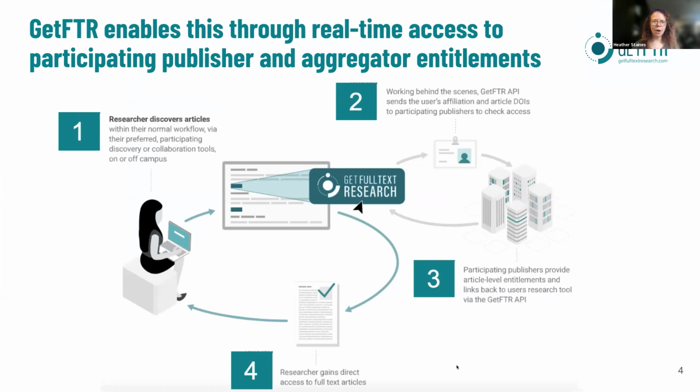But the GetFTR entitlements check goes according to the DOI for each piece of content, whether that user's institution is a subscriber, if it's paywalled content, or whether it's open access or free to read, in which case it's available to everyone. So it is a real-time article level DOI check that happens.